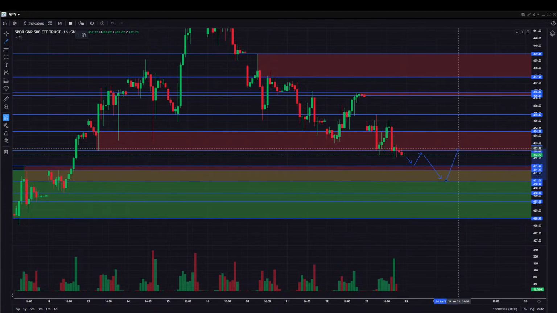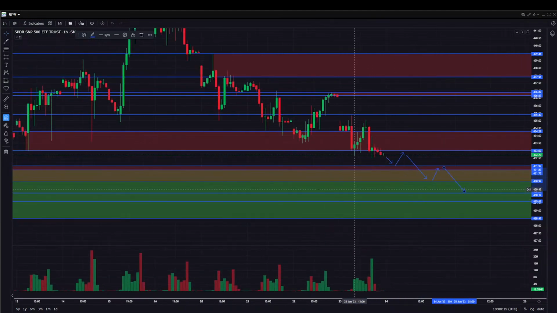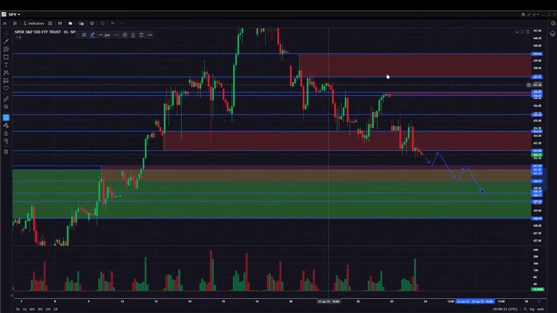It looks like we might break back out, but that level, even though my daily level is at 431.73, could give us a quick rejection right there. We could trend down. That's how I see it usually happening with overlapping zones.